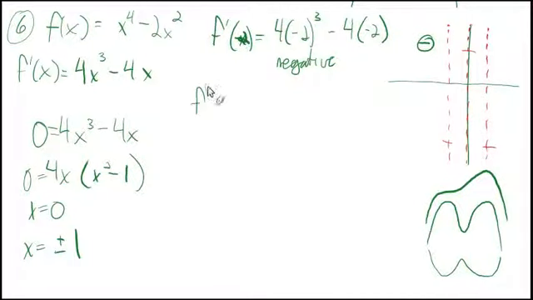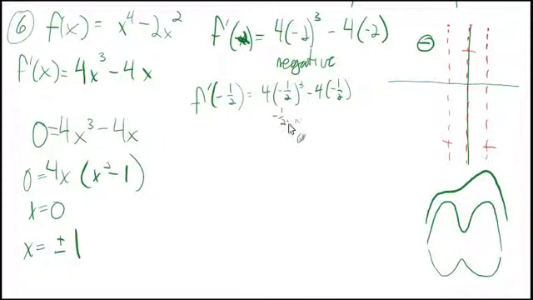Negative 2. F prime of something between negative 1 and 0. We can't plug 0 in because it's a critical value. So let's go with negative 1/2 equals 4 times negative 1/2 to the third minus 4 times negative 1/2. This is going to be negative 1/8. 4 times negative 1/8 is negative 1/2.